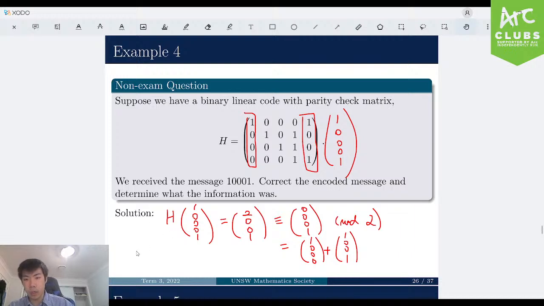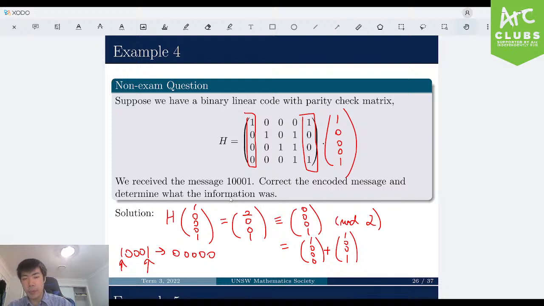And so our message should be corrected to 0, 0, 0, 0, 0. This one gets flipped to 0, and this one gets flipped to a 0. And so what was the information? Well, the same property from Hamming codes also extends over to here.